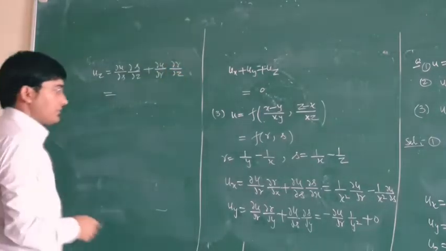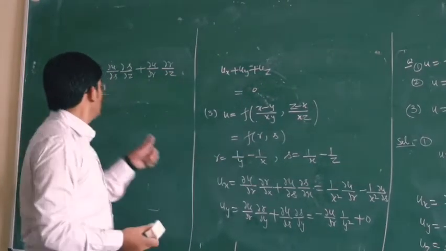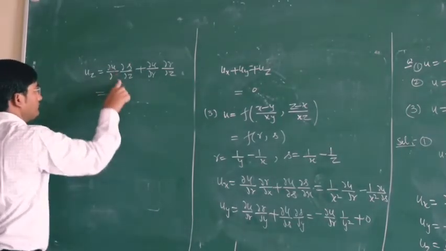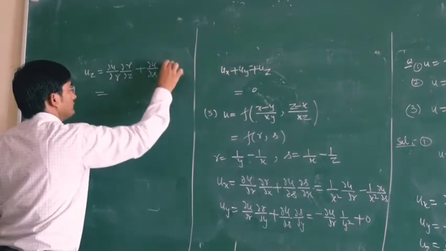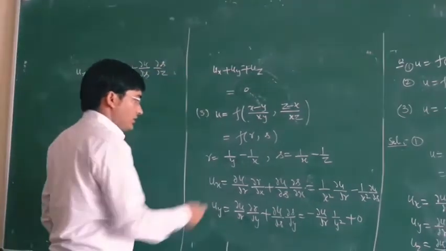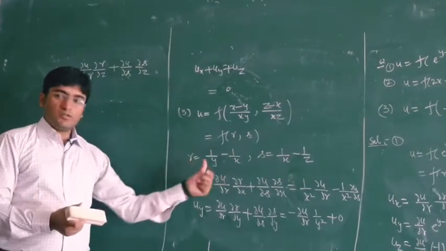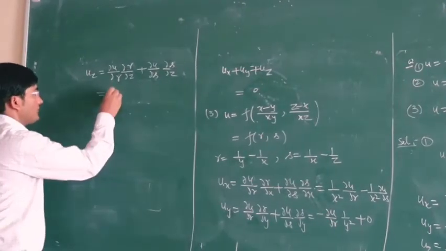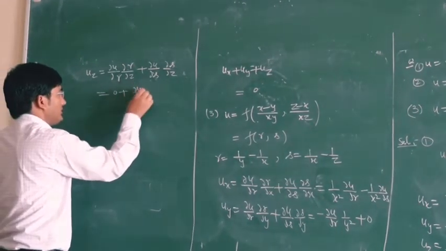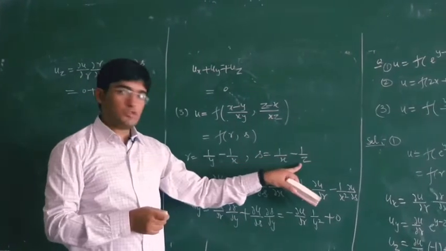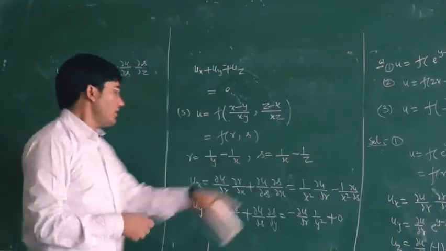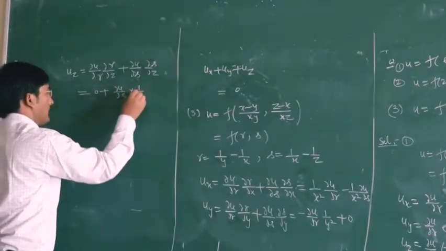Now del r upon del z, again r is not a function of z, so the first term will be 0. Then we have del u upon del s and del s upon del z. The partial differentiation of s with respect to z will be minus 1 upon z square. So we have 1 upon z square.